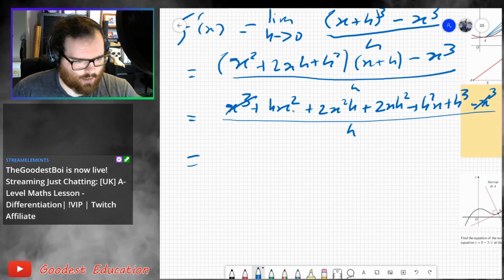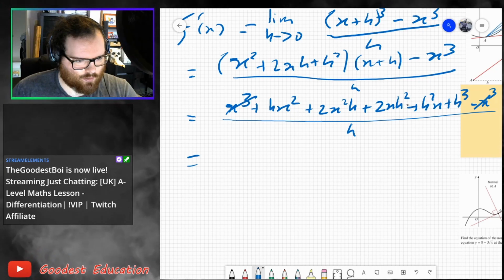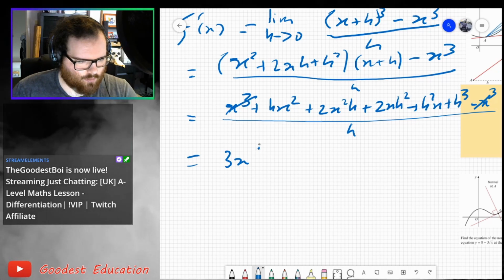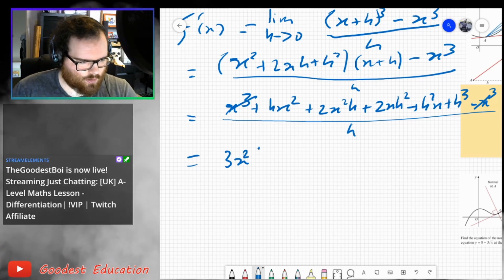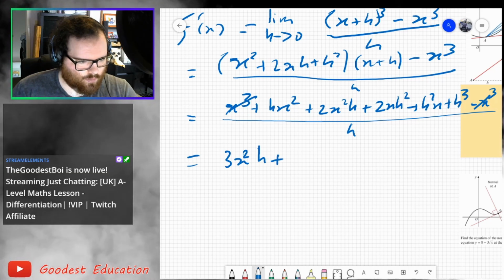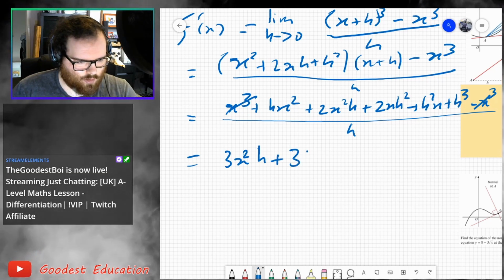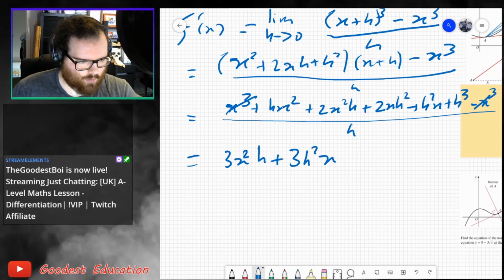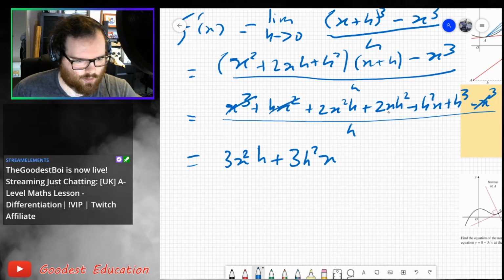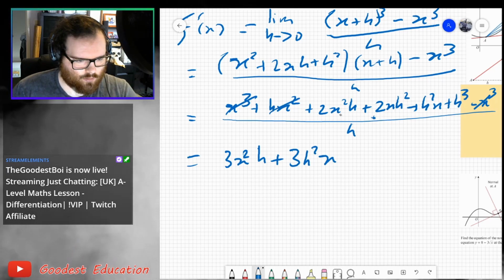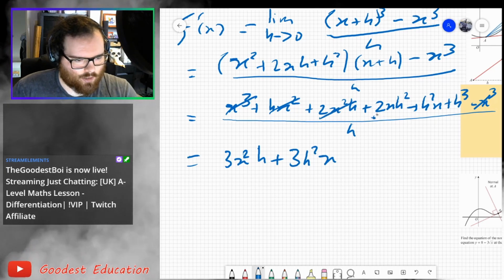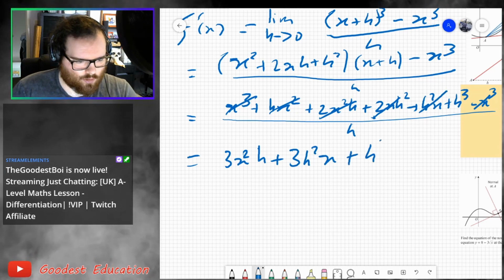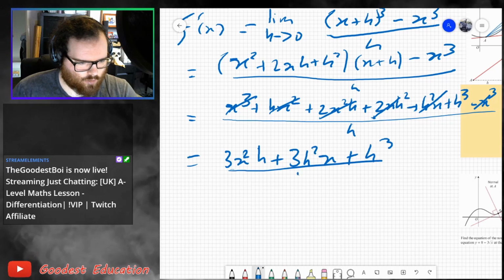And then we're going to have 3x squared h plus 3xh squared plus h cubed all over h.